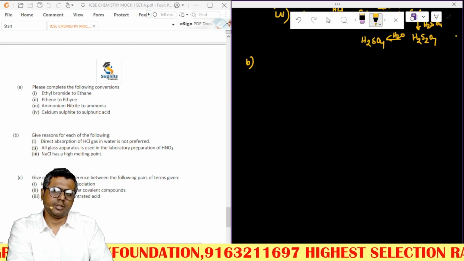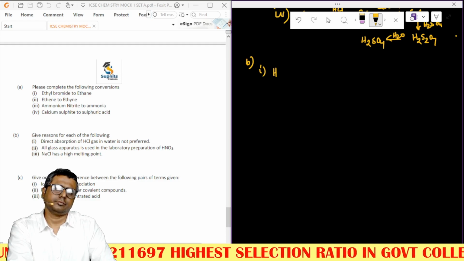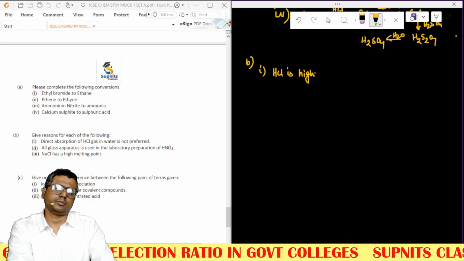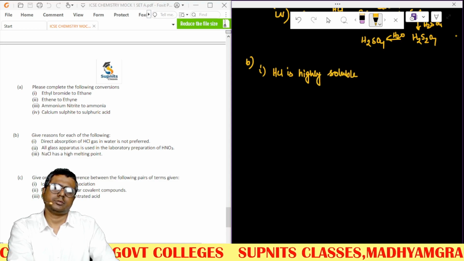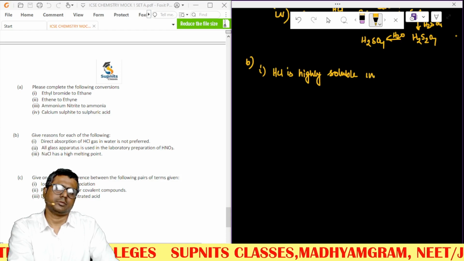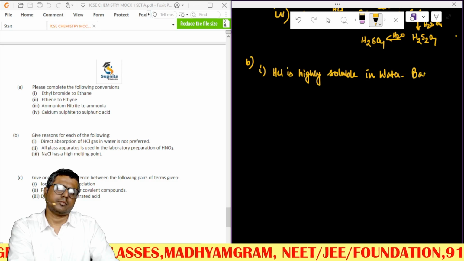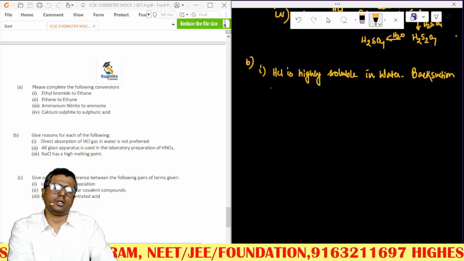Direct absorption of HCl gas in water is not preferred. Why? Because HCl is highly soluble in water. Back suction may occur.